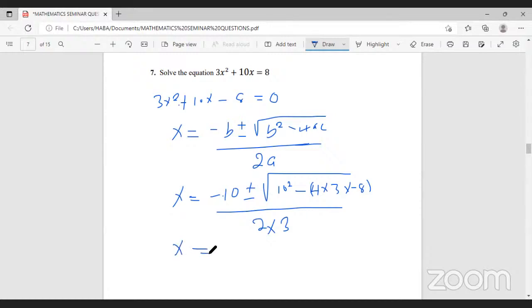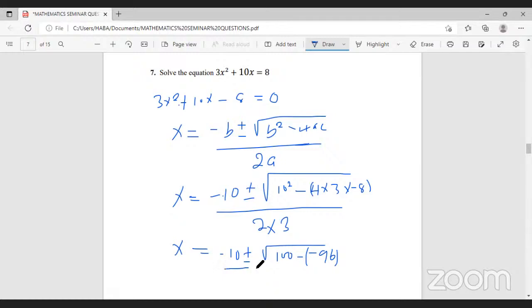My x will be equal to negative 10 positive or negative square root, 10 squared is 100, 100 minus negative, times 4 is what? 12 times negative 8 is negative 96.